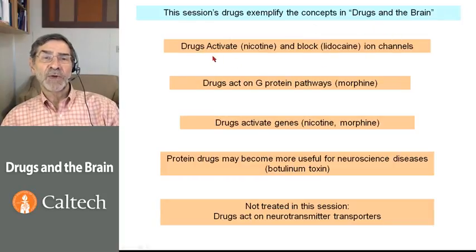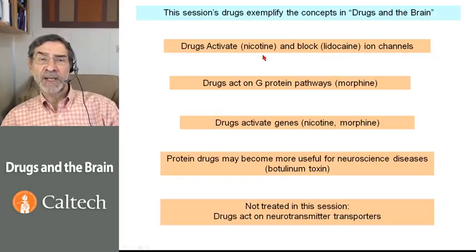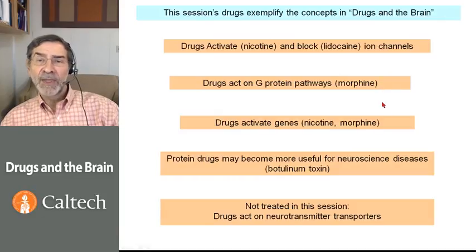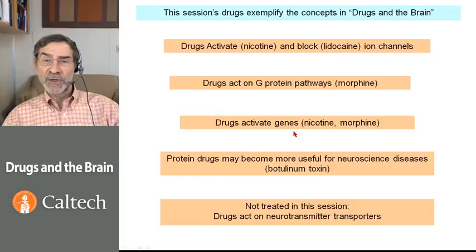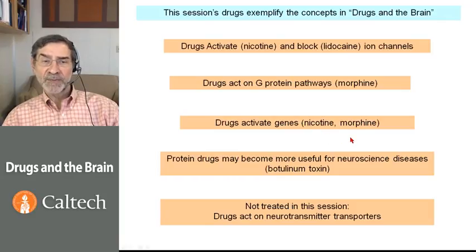the Brain. Drugs activate and block ion channels. Nicotine activates, lidocaine blocks ion channels. Drugs act on G-protein pathways, for instance, morphine. Eventually, if an organism is exposed to drugs, both nicotine and morphine activate genes, an important concept in chronic exposure to drugs.